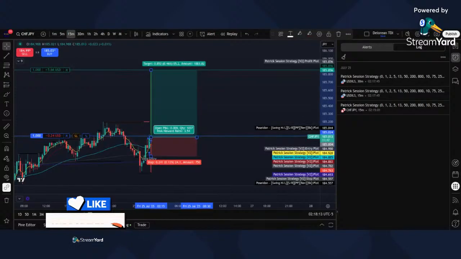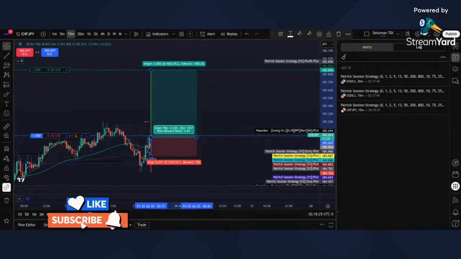CHF-JPY, risk to reward ratio of 3.54. Take profit 185.856. That's going to be for 85 pips. Stop loss 184.763, and that's going to be for 24 pips. And entry price at 185.004.